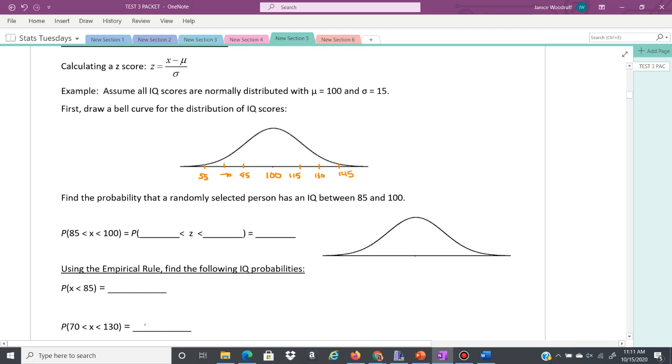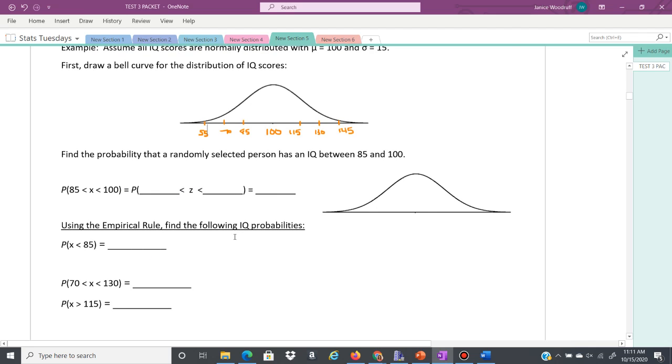When we take a look at this, we want to standardize each of these scores. So you are going to find the z value for 85. X is 85 minus the mean, 100, over the standard deviation, which we were told was 15.